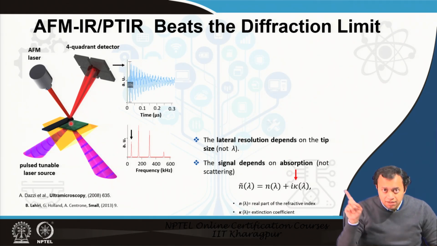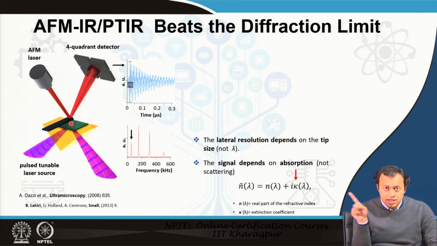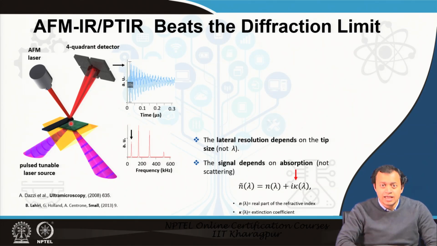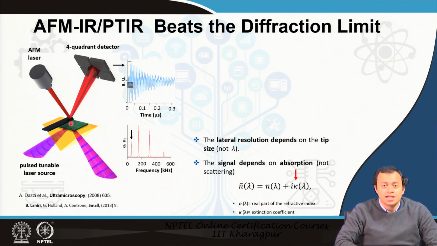So, now understand, if I back calculate that my cantilever has moved in x, y and z direction, here it has received a kick in the z direction, here it has also received a kick in the z direction. I can thereby say that wherever the cantilever has received a kick in the z direction is where the pulse laser has been absorbed.